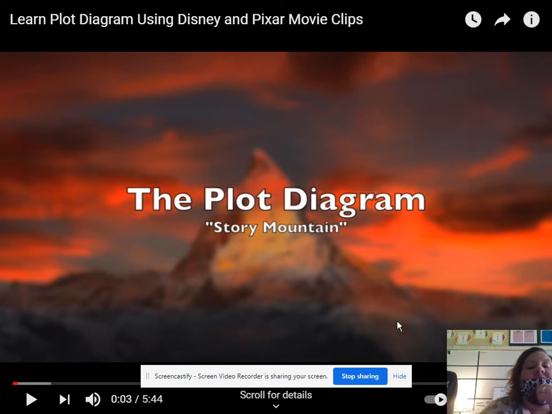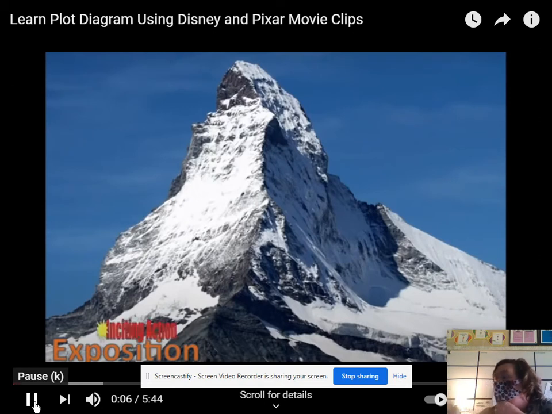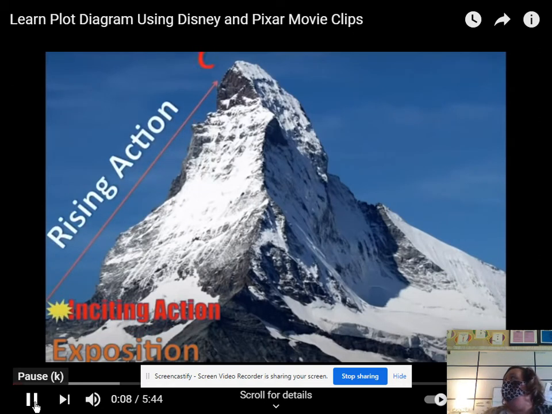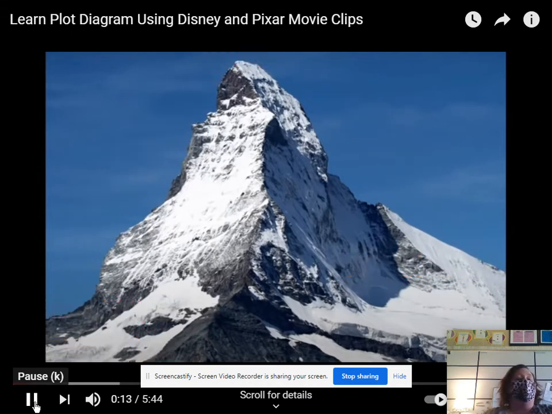It looks like a mountain, and then you have your exposition here, your rising action, your climax is at the top of the mountain, and then you have falling action, and then your resolution is down here at the bottom. Okay, pay attention. It uses the movie The Lion King and the movie Inside Out to help you learn the process of this. There's your mountain.